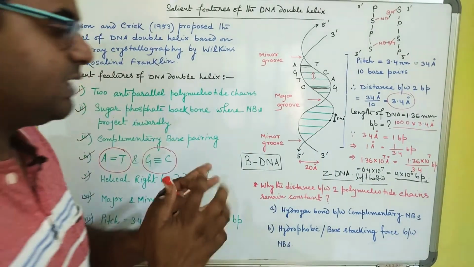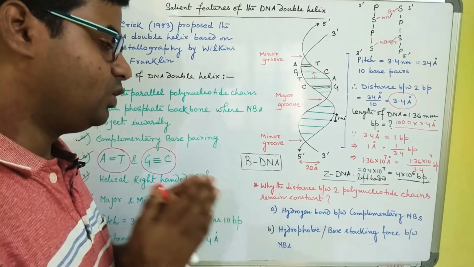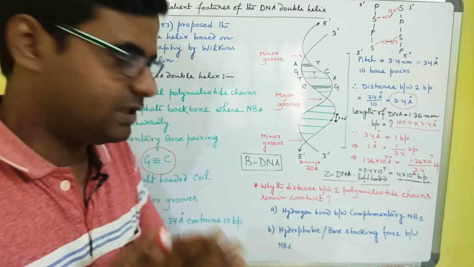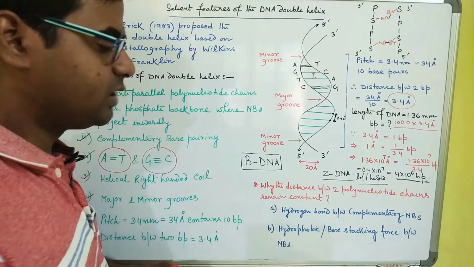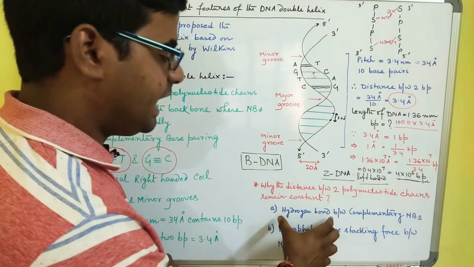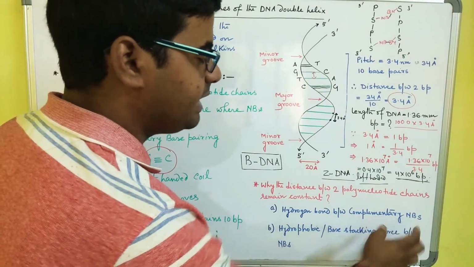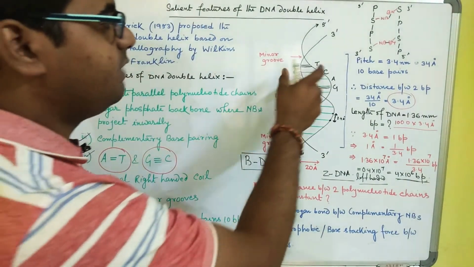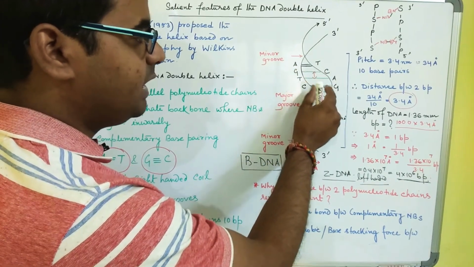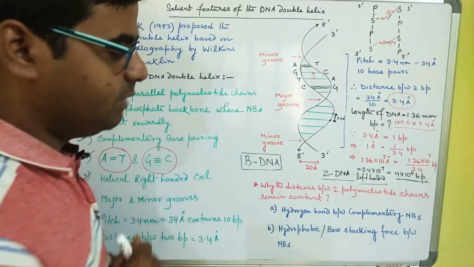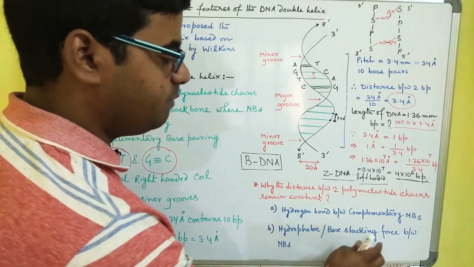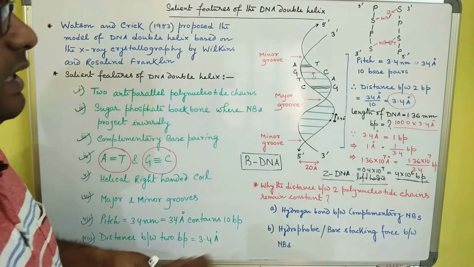For answering this question, we need to know what are the forces that stabilize the DNA double helix. There are basically two forces that stabilize the DNA double helix. The first is the hydrogen bond between the complementary nitrogenous bases. So if these two are nitrogenous bases, the hydrogen bond in between will stabilize this DNA double helix. And the second is the hydrophobic interaction or the base stacking force between the nitrogenous bases.